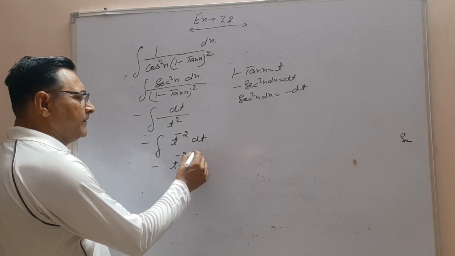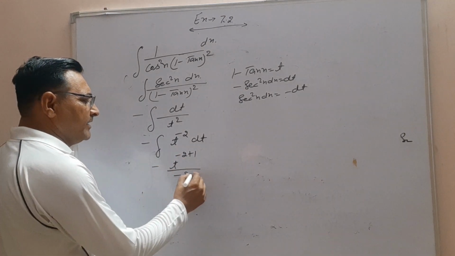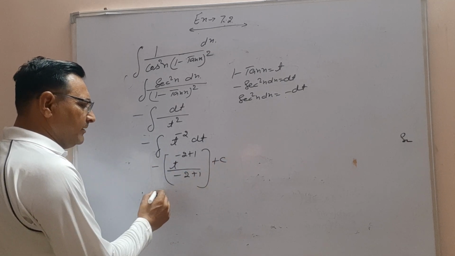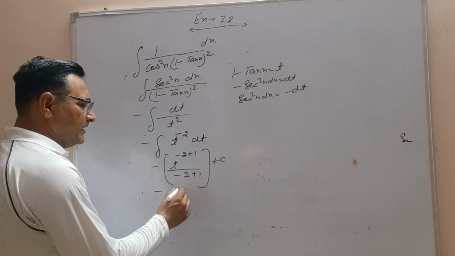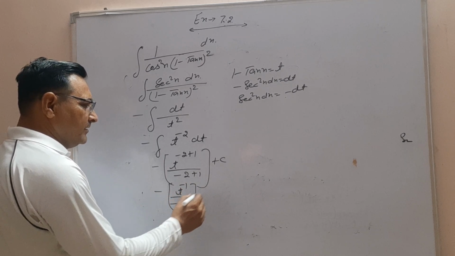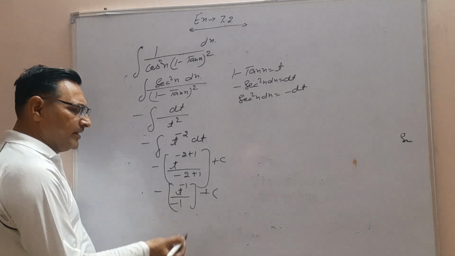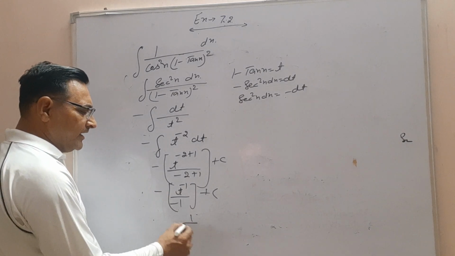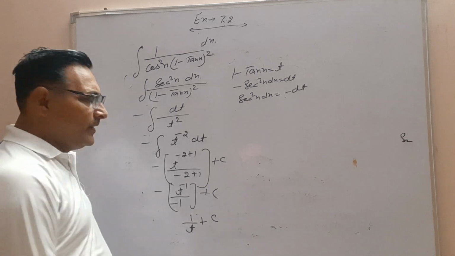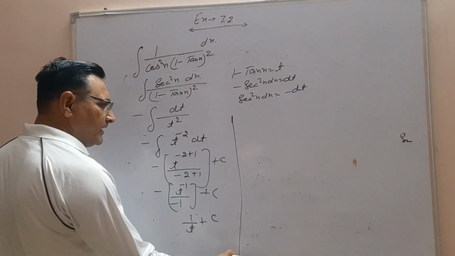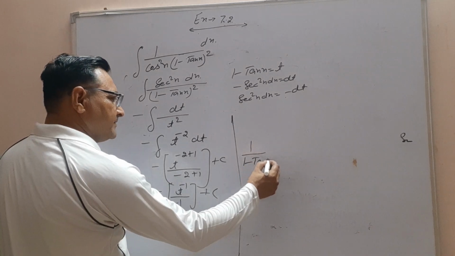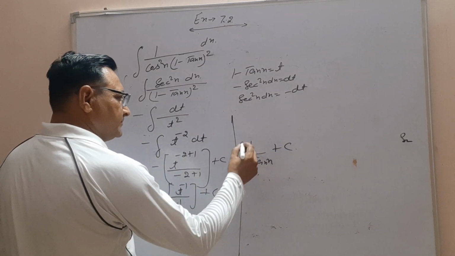Add 1 to its power, same number in the denominator, plus c. What will it be? Negative t power minus 1 upon minus 1 plus c, negative negative positive, and you can write it will be 1 by t plus c. Now you can put here the value of t. It will be 1 by 1 minus 10x plus c.